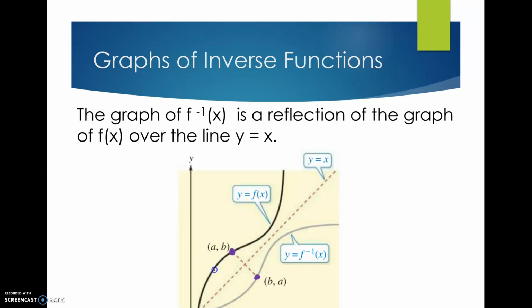So if I knew that this point was the point (1, 2), right 1, up 2, I could go right 2, up 1, and find that inverse point on the inverse function.